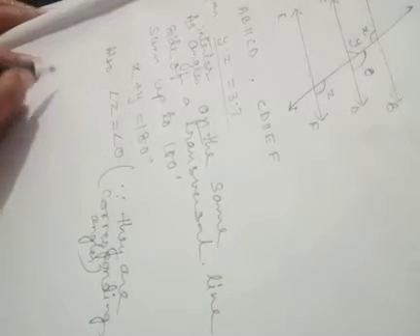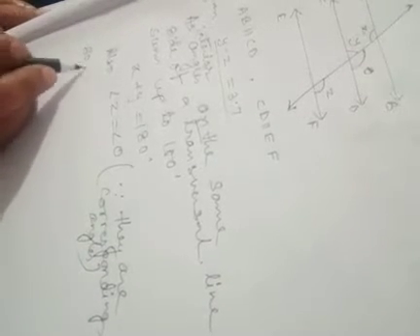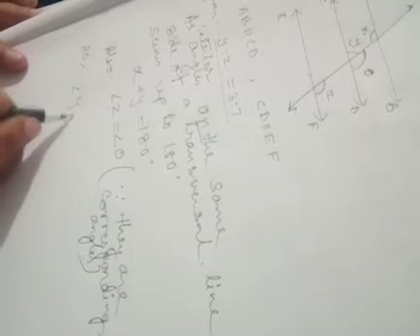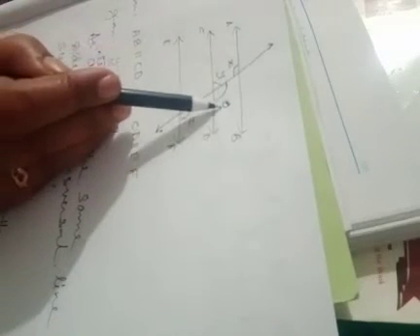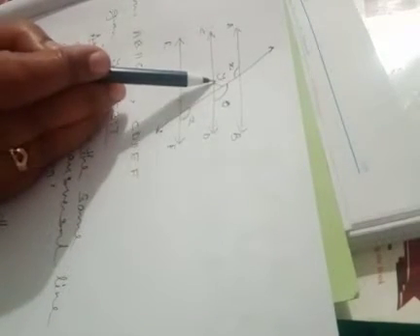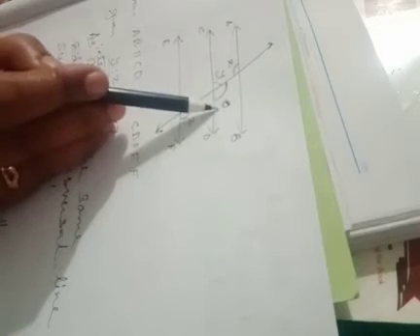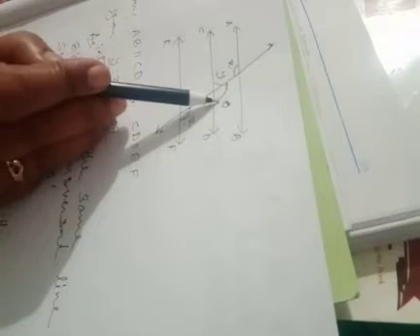Next, so we can write angle Y plus angle O. Here you see angle Y and angle O. If I add angle Y and angle O, it should be equal to 180 degrees because they are a linear pair of angles. So write down angle Y plus angle O should be equal to 180 degrees because they are a linear pair of angles.